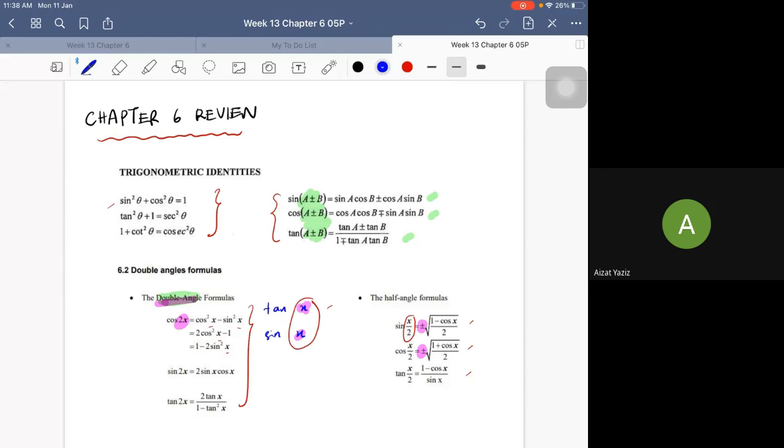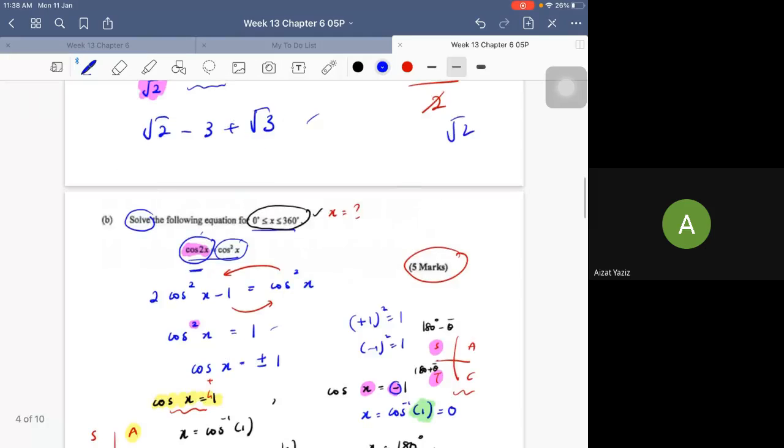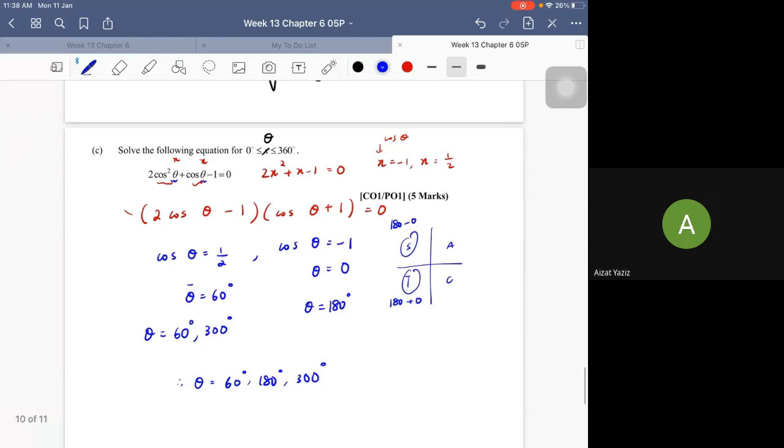Madam, saya nak tanya. Tanyalah. Yang last kali tu, macam mana dapat dua theta tu? 60 dengan 300. Kalau 60 dapat, macam yang 300 macam mana? Okay, sebab bila kita lukis cast rule tu, nilai dia positif 1/2.